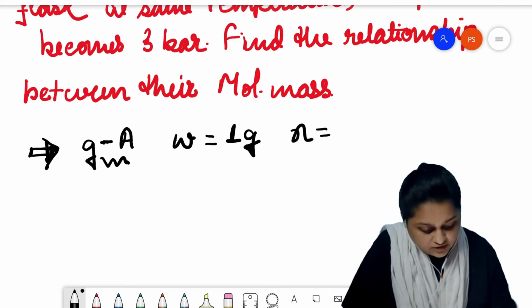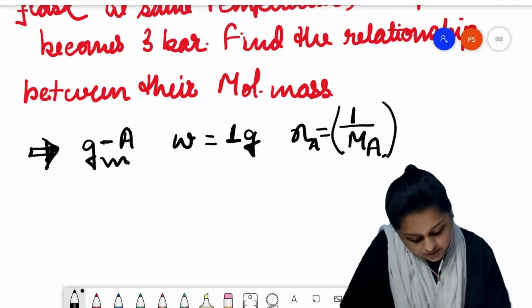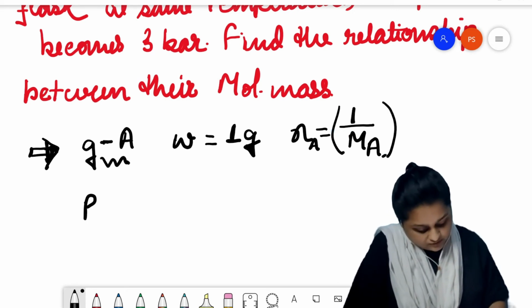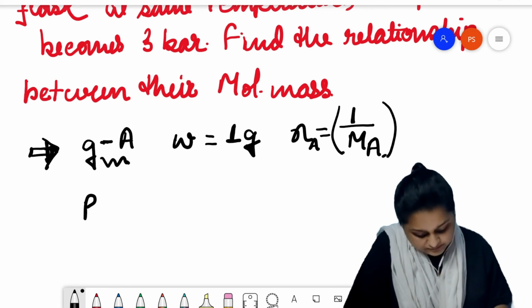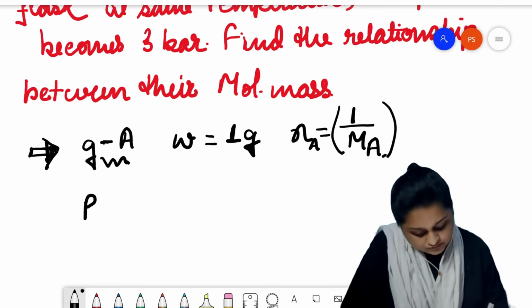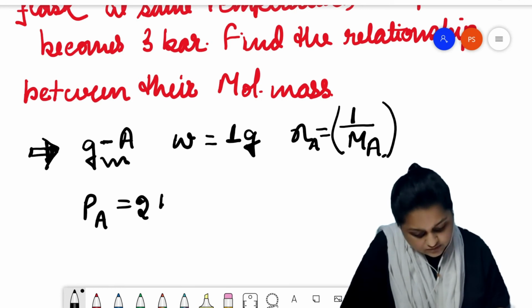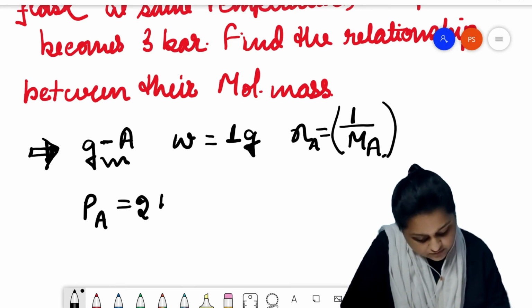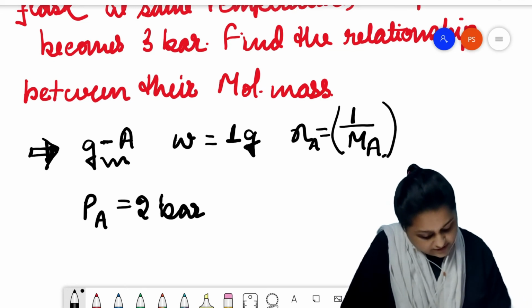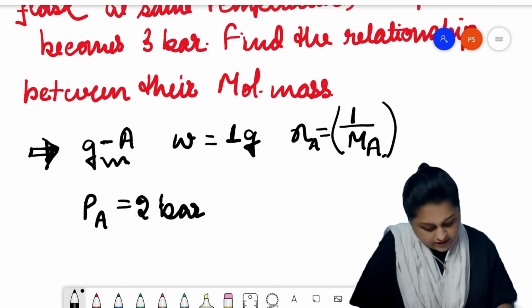So the number of mole is going to be 1 by molecular mass of A. So the pressure of A is 2 bar, and the volume is the same flask that is used, that is V volume, at the same temperature.